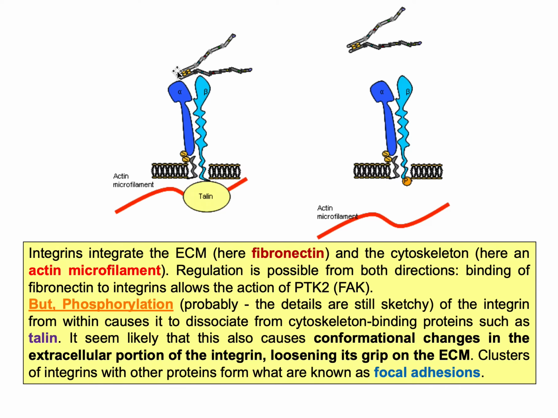If this is the cell membrane, this is the outside of the cell, the extracellular matrix, and this is inside the cell, the cytoplasm. The integrins interact with the peripheral proteins, those proteins interact with the actin filaments inside the cytoskeleton, and that's how cells behave and react to the extracellular matrix.